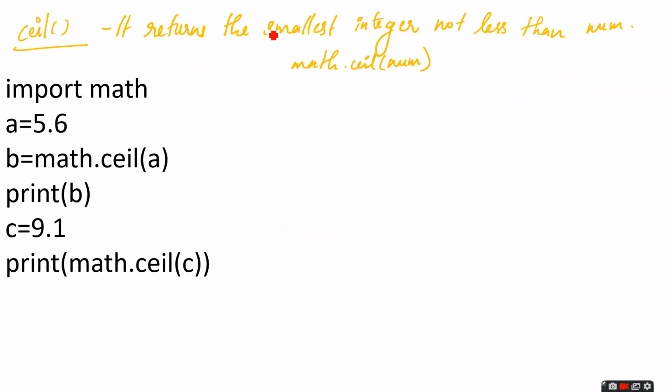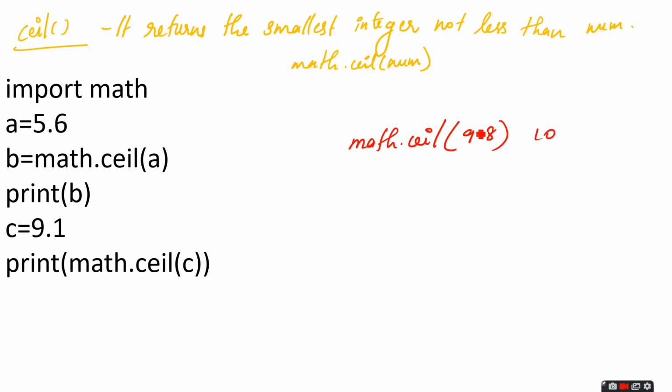Next one is the ceil function. When we are writing the ceil function, we have to write like this: math dot ceil. And I want to find the ceil value of a number, for example 9.8. If we are writing like this, we will get the next value, the smallest value that is near to this number, and it should not be less than this number. 9.8 is the number, and we have to get a number that is not less than this number.